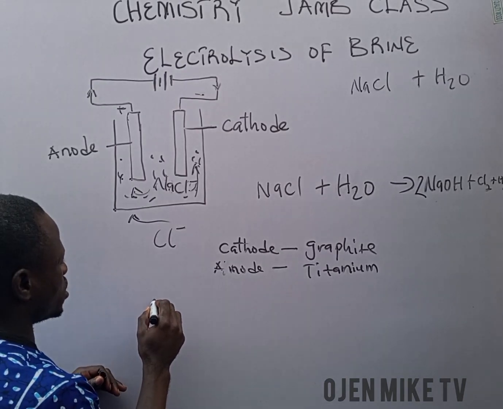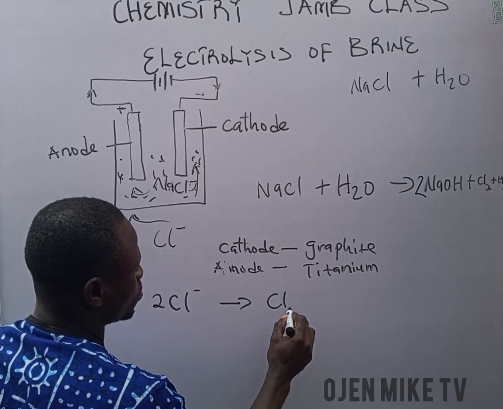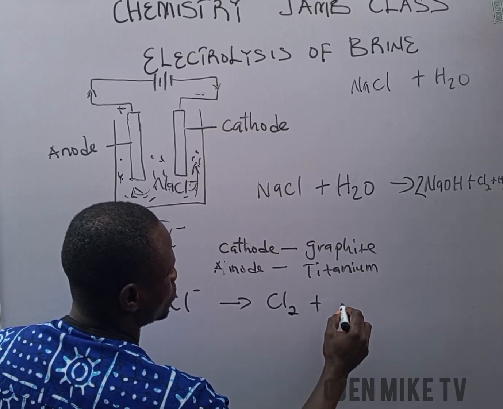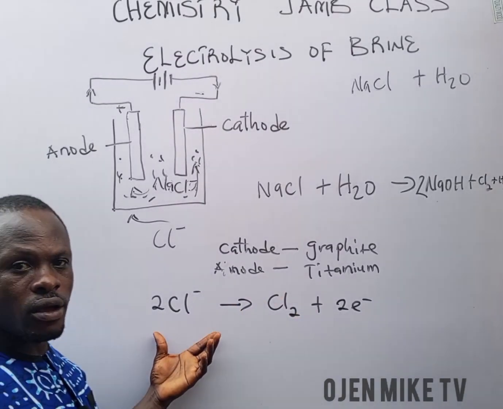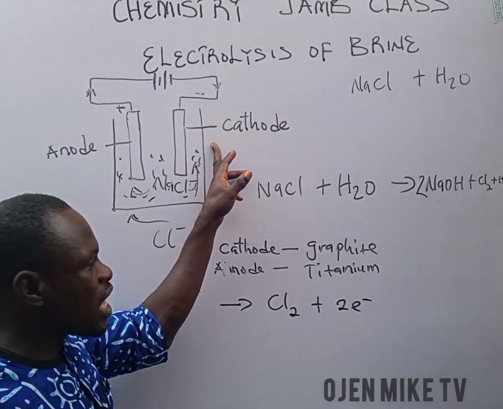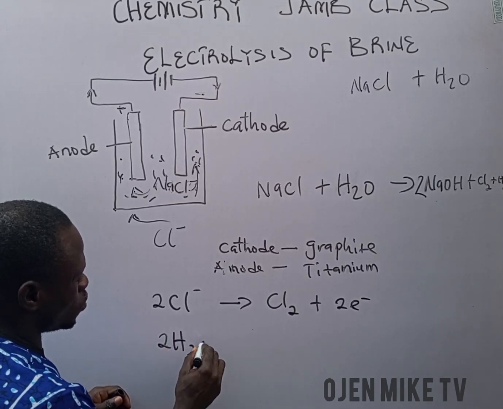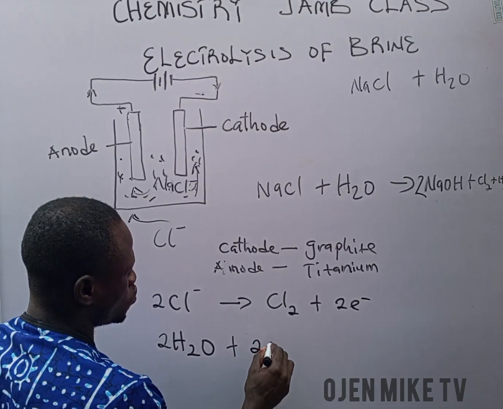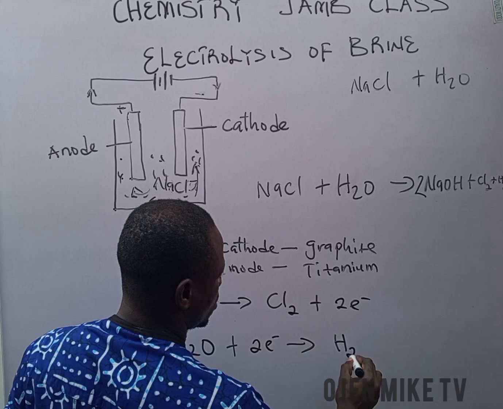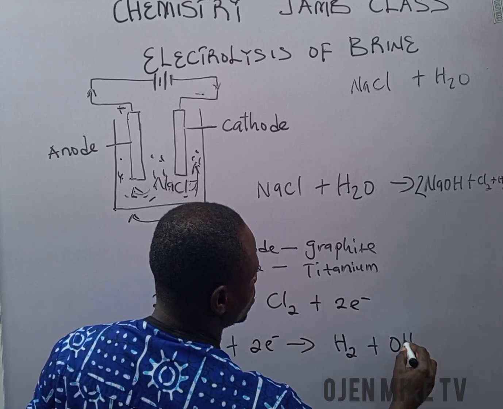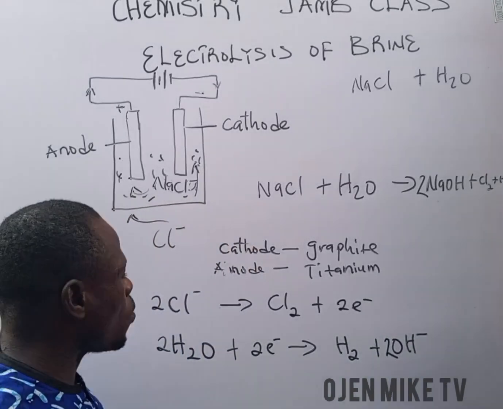Chlorine ion gives chlorine gas plus 2 electrons. Then at the cathode, because of water, you have 2H2O plus 2 electrons giving hydrogen gas plus 2OH minus.